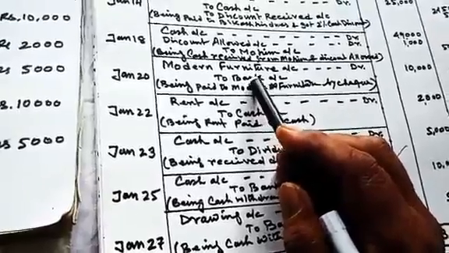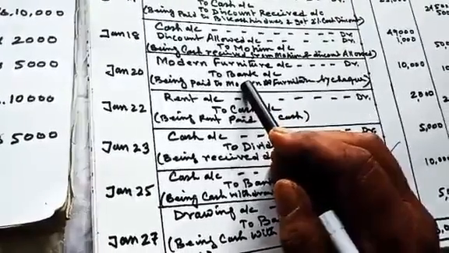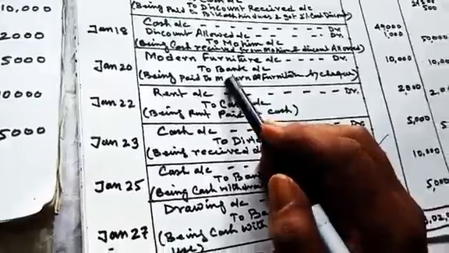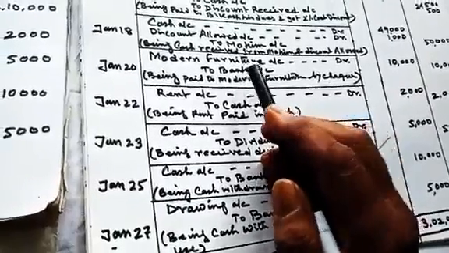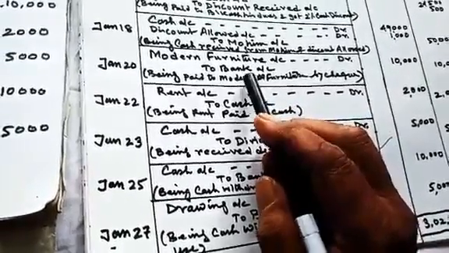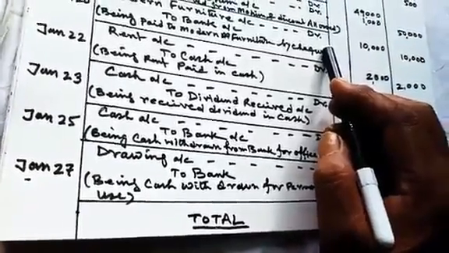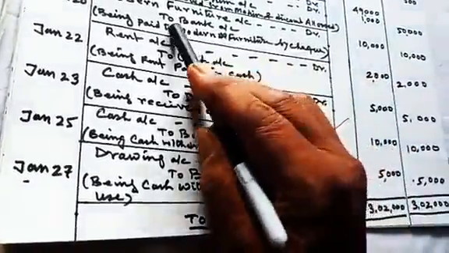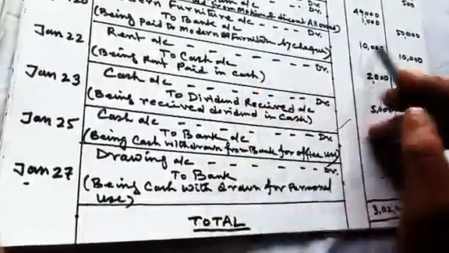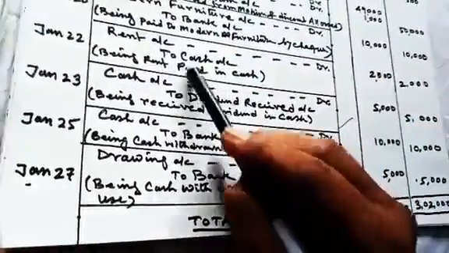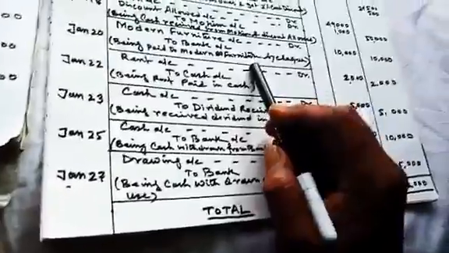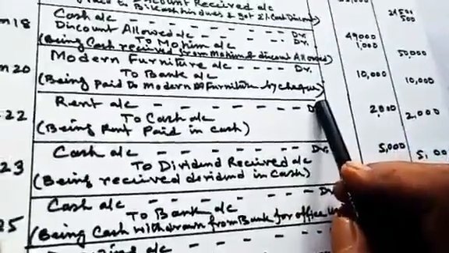Now you are making payment to Modern Furniture by a check. So who is getting the check? Modern Furniture is getting the payment. So Modern Furniture account is debit and you are giving by check, so to bank account 10,000, 10,000. Being paid to Modern Furniture by check.